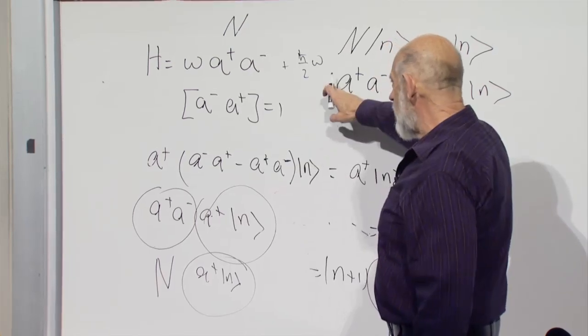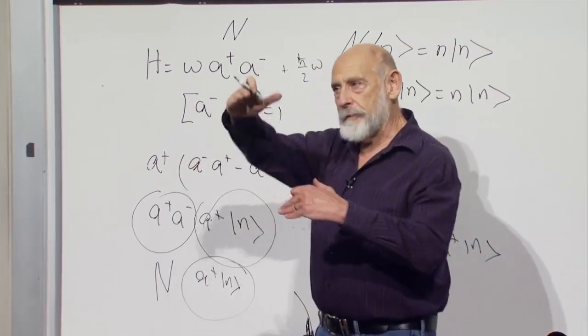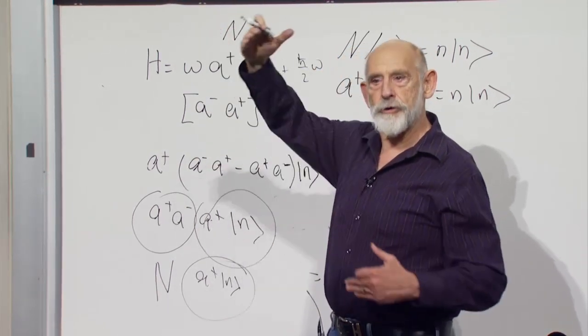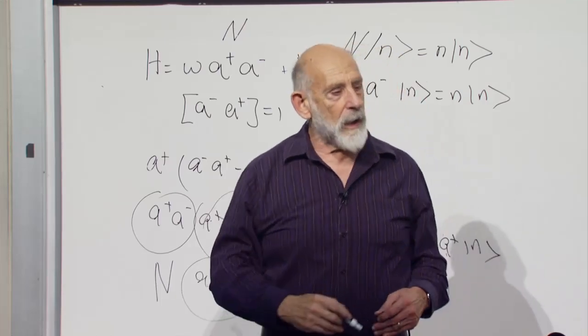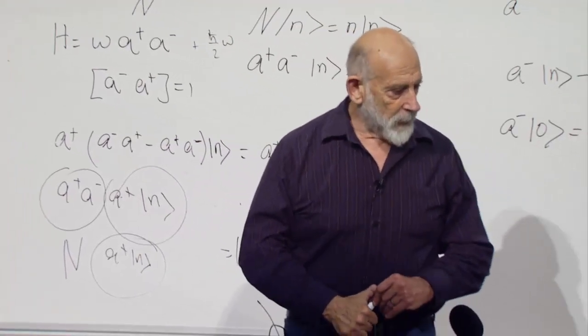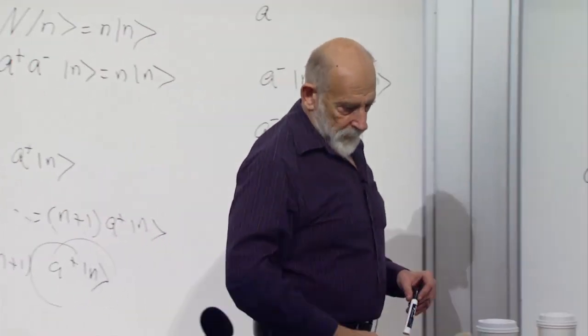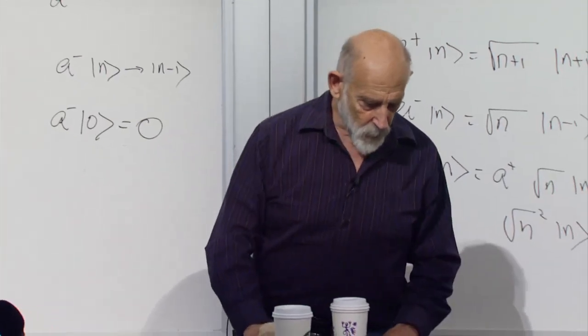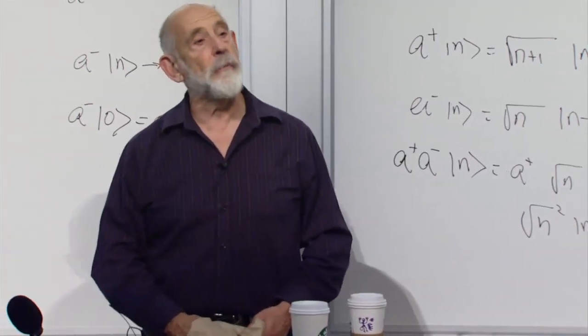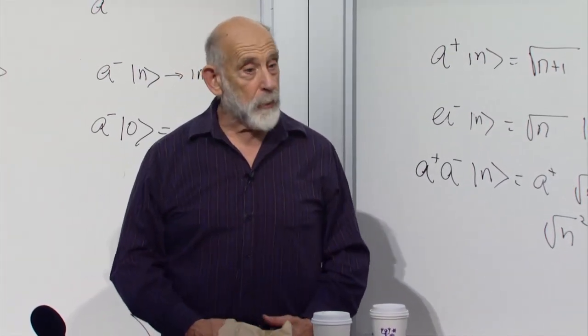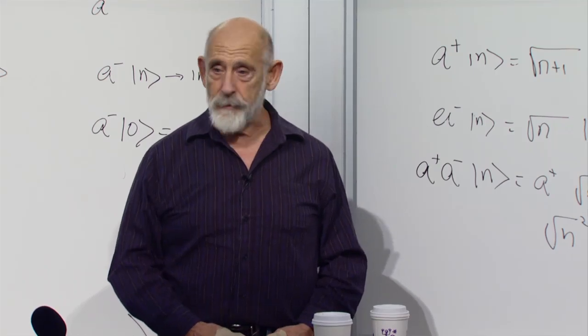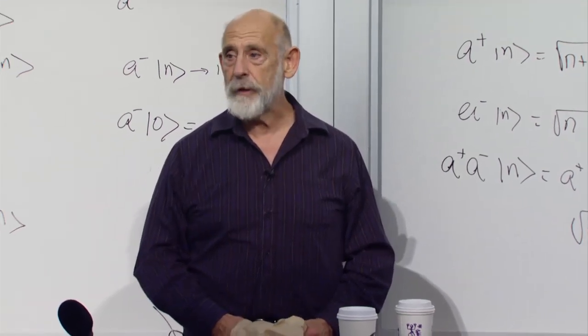So there's the ground state energy plus on top of it the spectrum of integer spaced levels. That's the harmonic oscillator. We'll play with it more, but more important, we'll use it to solve some important problems. Okay.